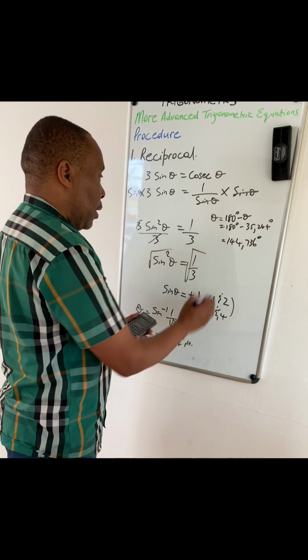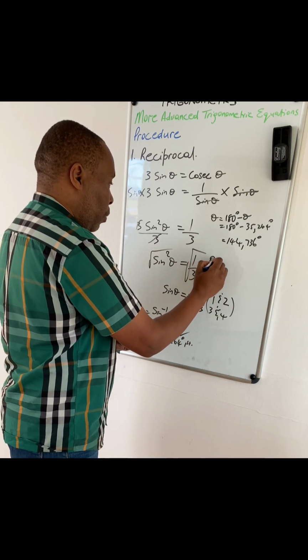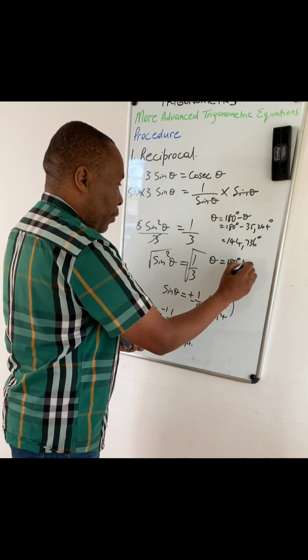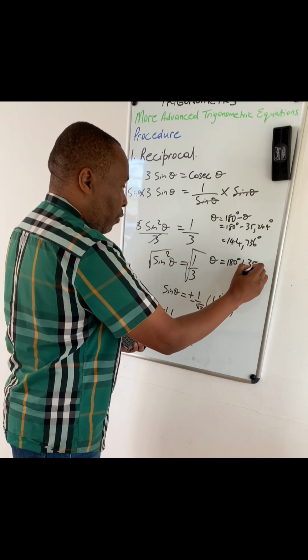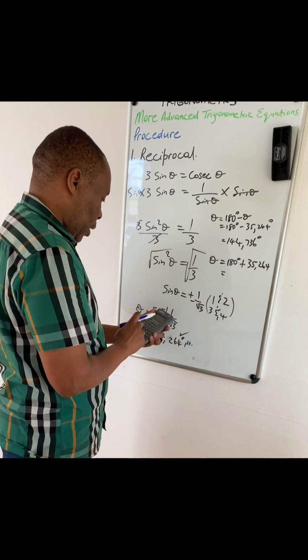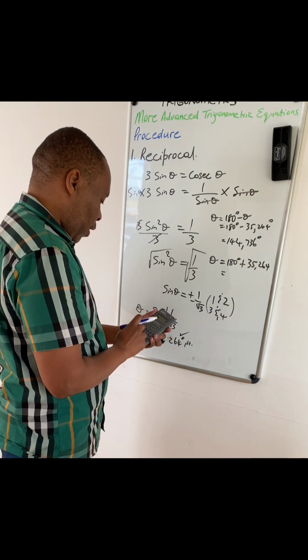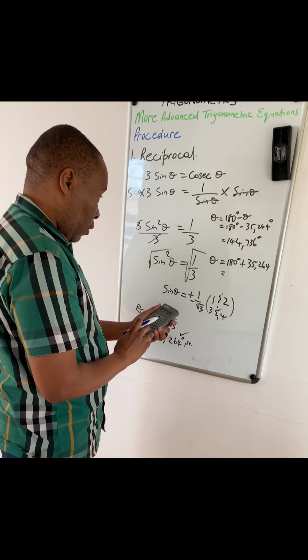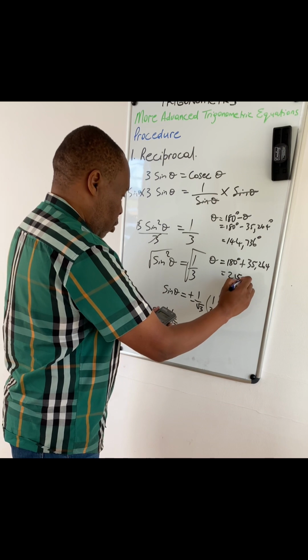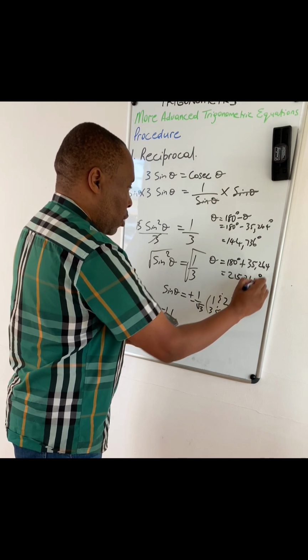180 minus 35.264 giving us 144.736 degrees. And then the third quadrant would be theta is equal to 180 degrees plus the angle, which is 180 plus 35.264, giving 215.264 degrees.